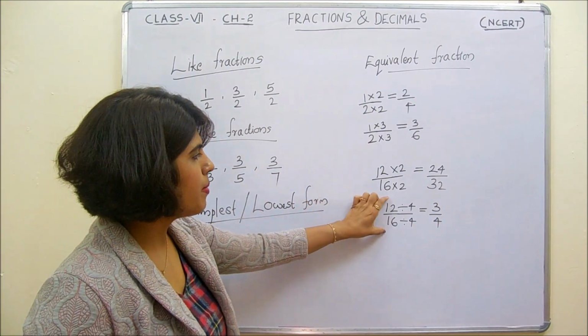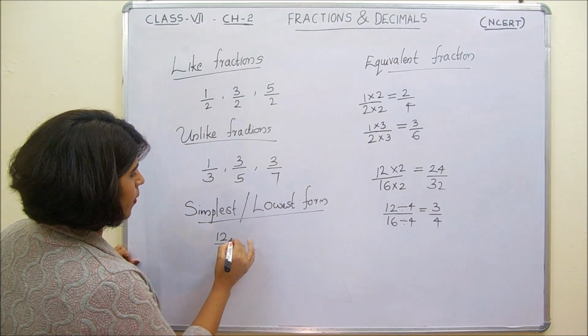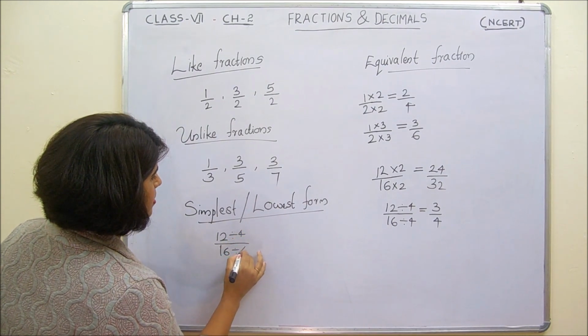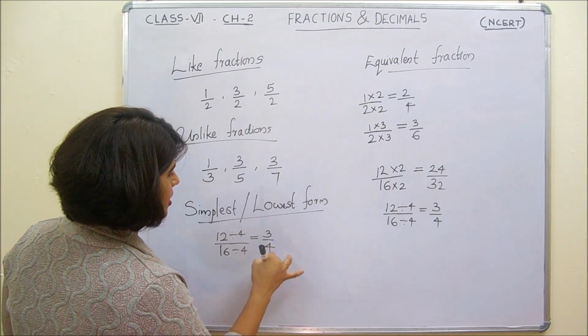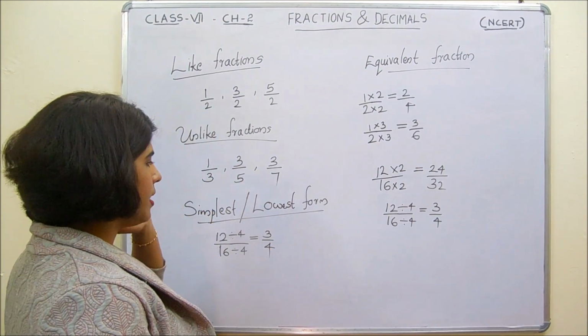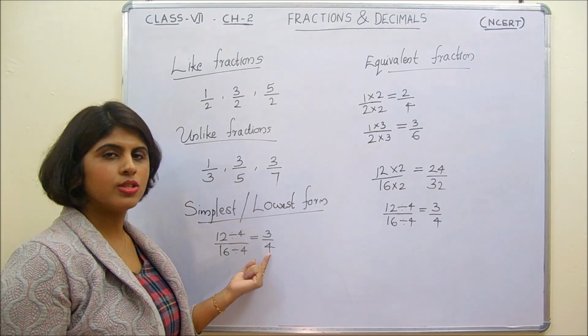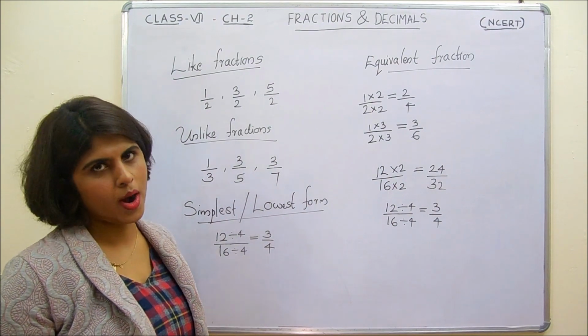Let us consider the same example, 12 by 16. So we can divide both the numerator and denominator by 4, then you will get 3 by 4. Right? Here you can see both the numerator and denominator are not having any common factor other than 1.